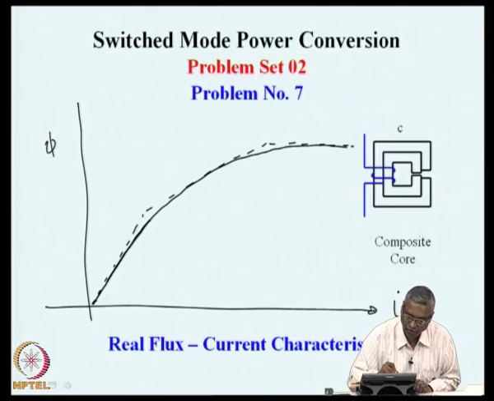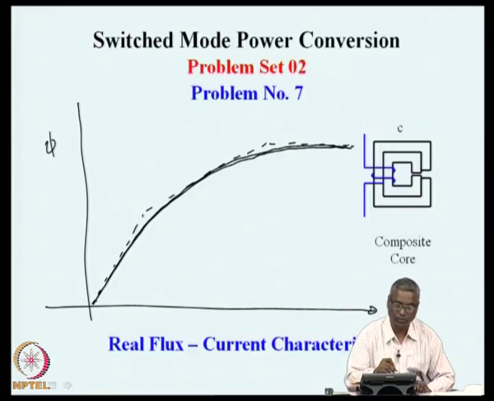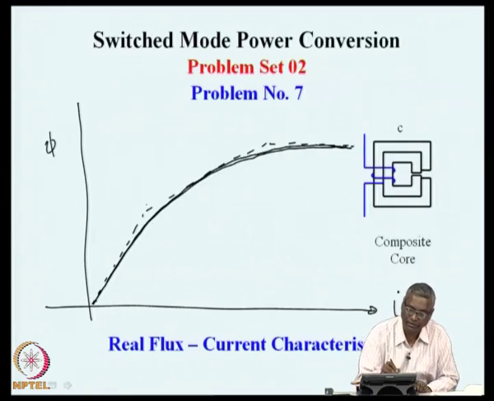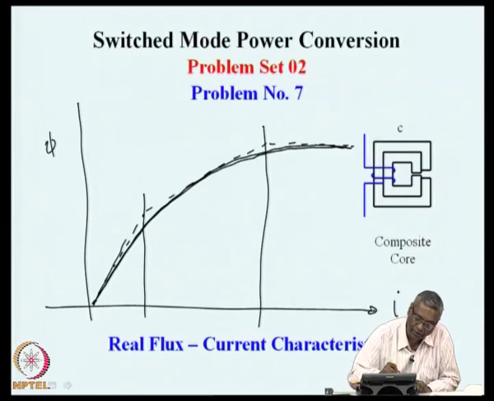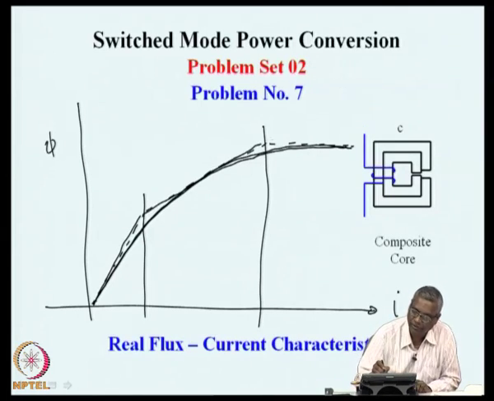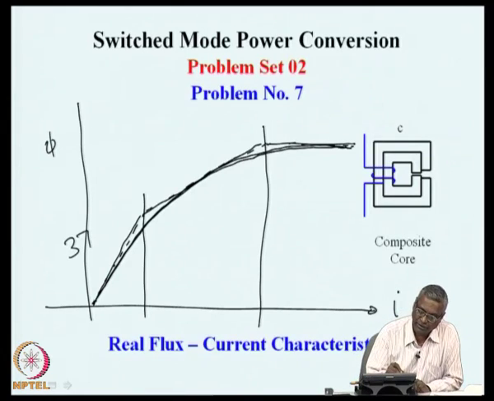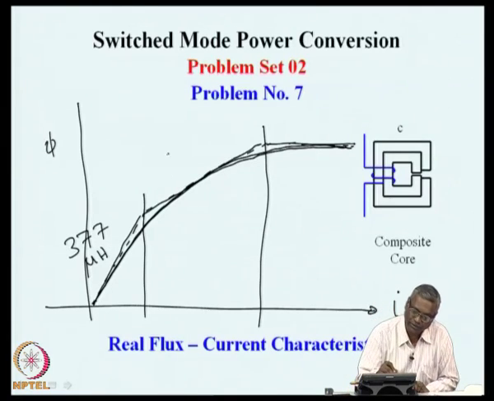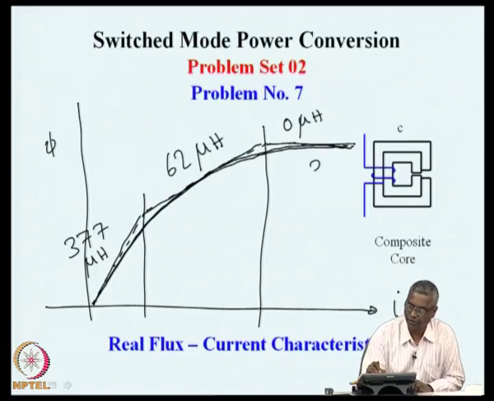A real magnetic circuit of that nature will have a smooth nonlinear characteristics, but it can be piecewise linearized, one straight line in region 1, one straight line in region 2, one straight line in region 3 with 377 microhenry in this case in region 1 and 62 microhenry in region 2 and very low, 0 microhenry, negligible inductance in region 3.